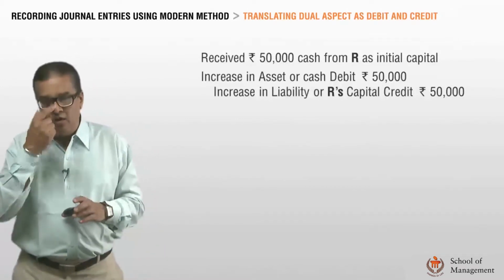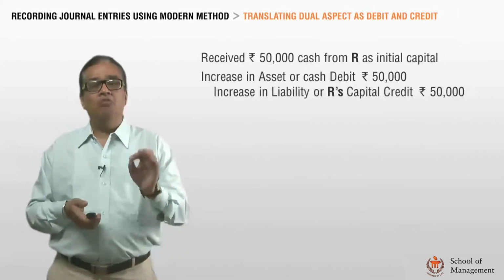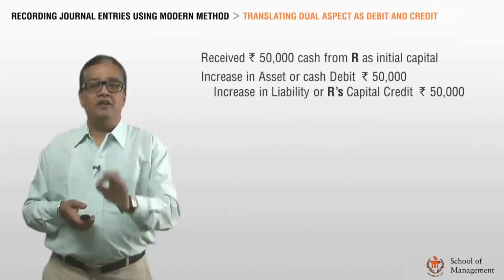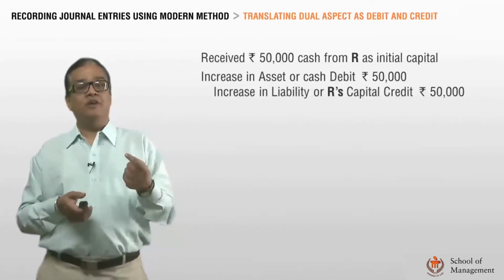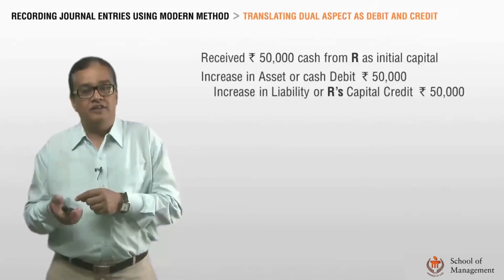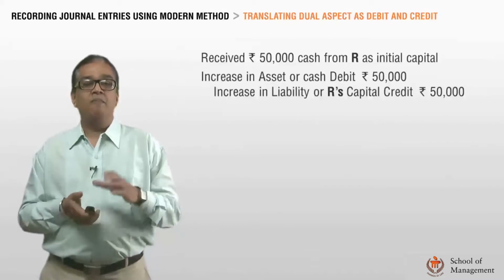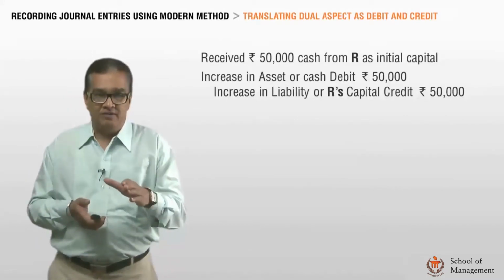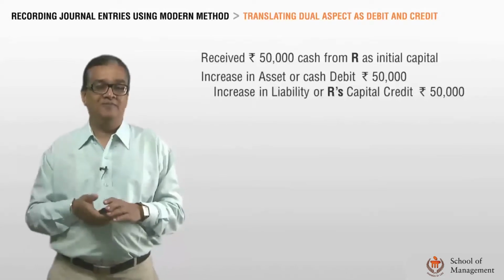So the dual outlook allows us to record both the debit and the credit of each transaction. First we record the debit and then we identify the credit. In this transaction you saw that the debit was cash and the credit was R's capital.